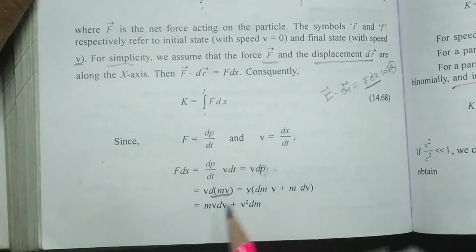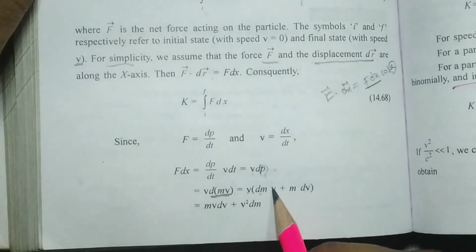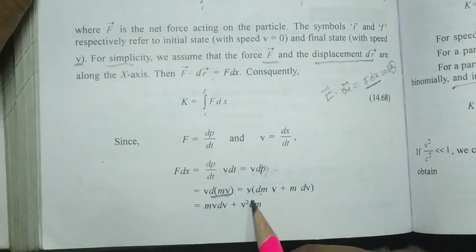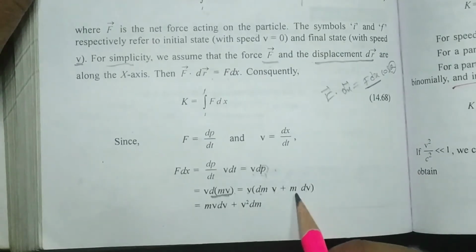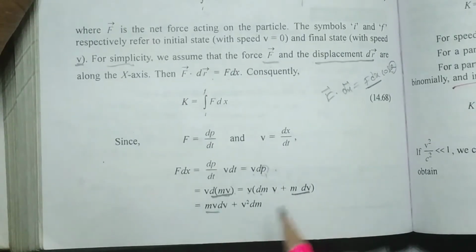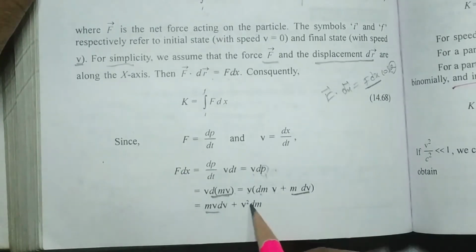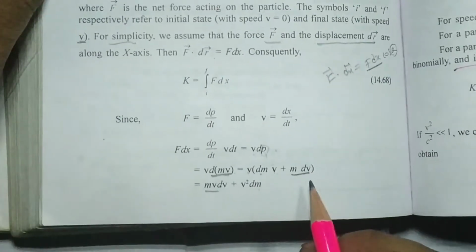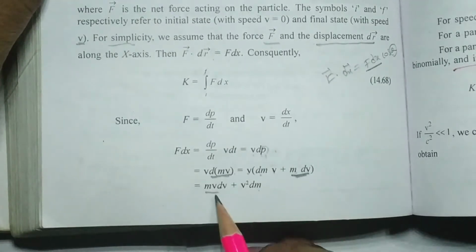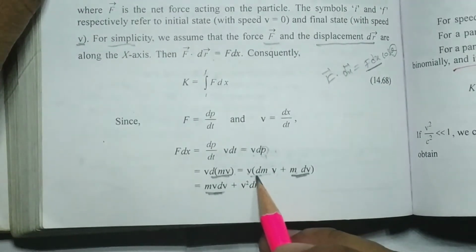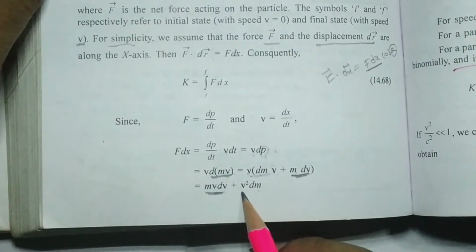Here v is going to be multiplied, and then we get mv dv and v squared dm. Don't be confused: the second term is written first, and the first term after multiplication by v is this one.